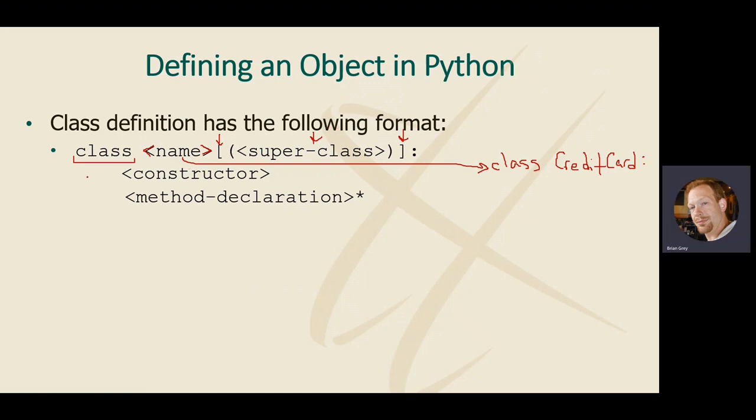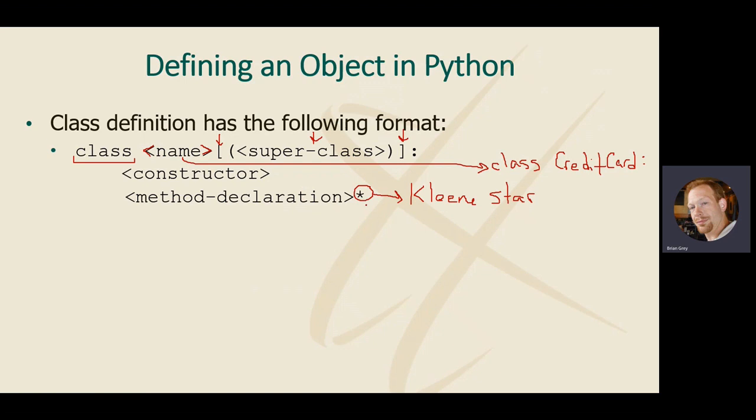Okay. Then we go constructor, and then we go method declaration, and then we got a star here. Okay. This star is called the Kleene star. And you've used this before, whether you know it or not. If you are familiar with regular expressions, you definitely know what this is. If not, you will be familiar with regular expressions when you get to CISC 399.